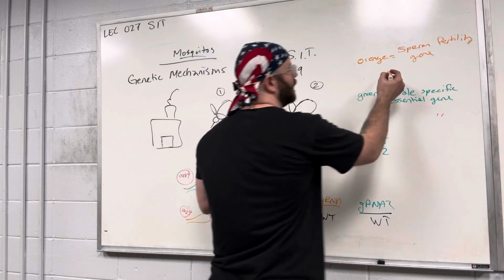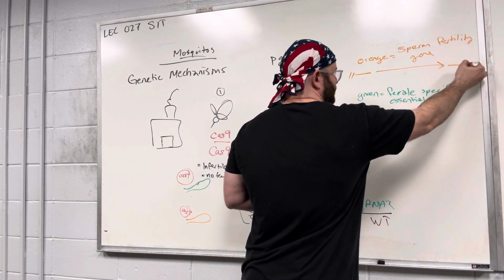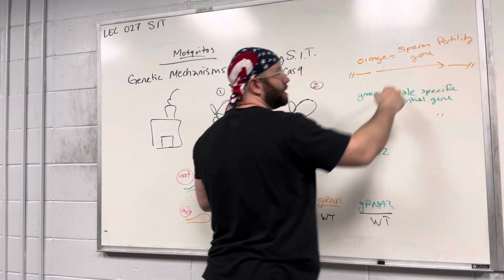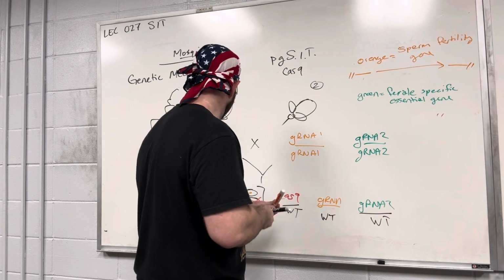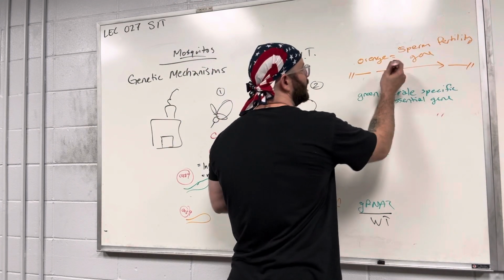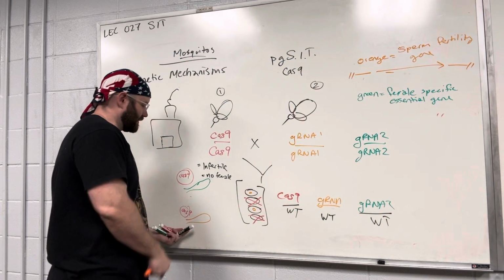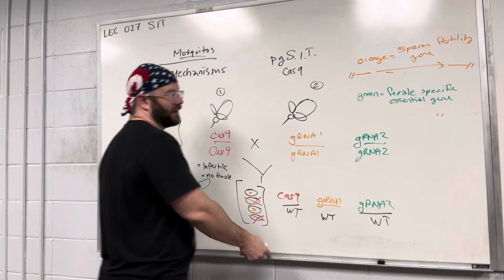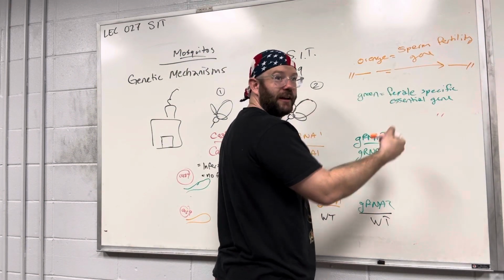Like this is the RNP, they can't cut, right? Let's say here's the sperm fertility gene, and let's say the guide, the orange guide, targets right here. This RNP is going to try every time to come to this exact spot to cut the DNA.